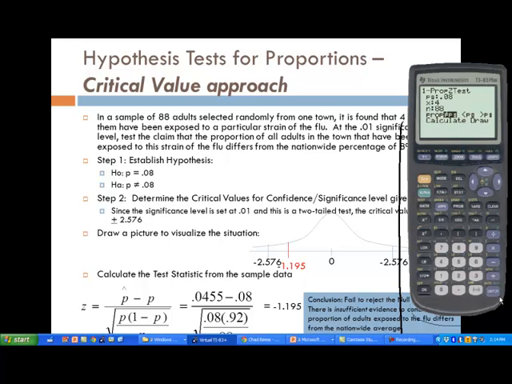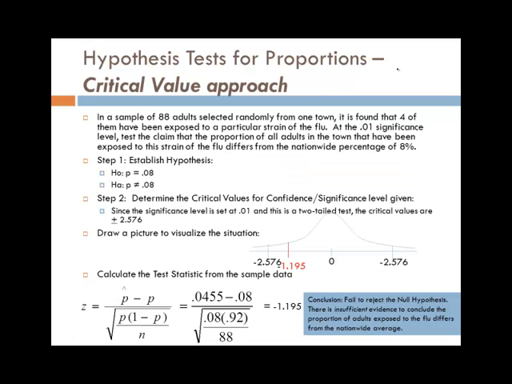Then we go to Calculate, and there's the negative 1.195, which was the test statistic. You'll also note that the p-value here is given as 0.2322. The other way of determining whether we reject or fail to reject is to compare the 0.232 with the alpha value, which was 1%.